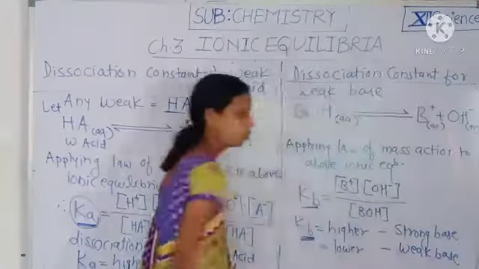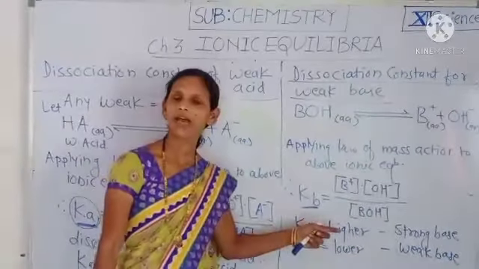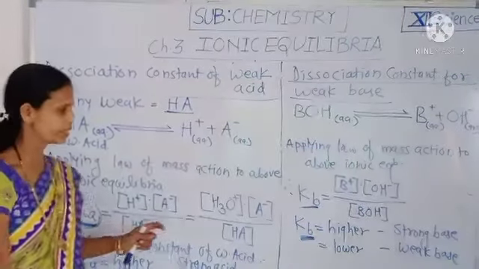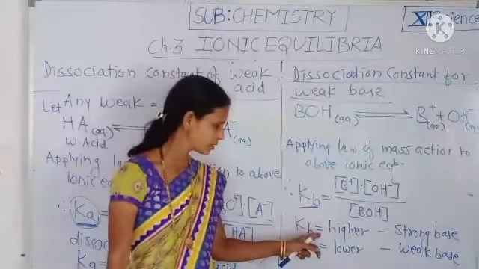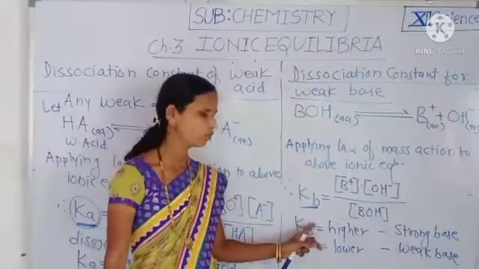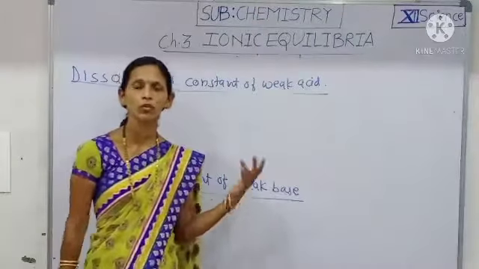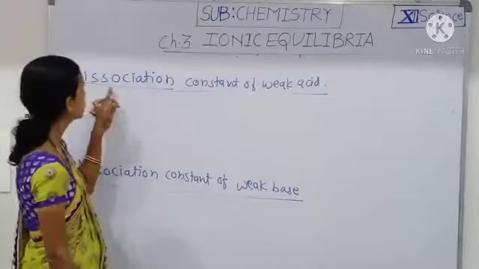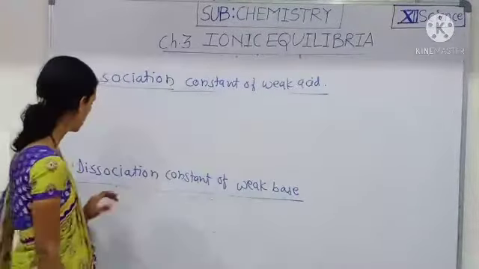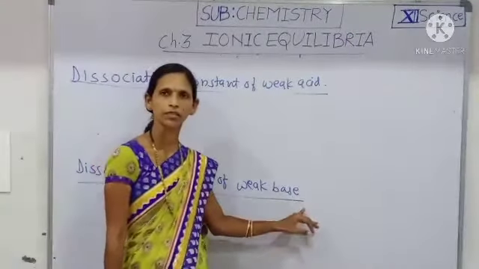That means we can determine the strength of an acid by the value of Ka of that acid, and the strength of a base can be determined by the value of Kb. From this we can define the dissociation constant of a weak acid as well as the dissociation constant of a weak base.